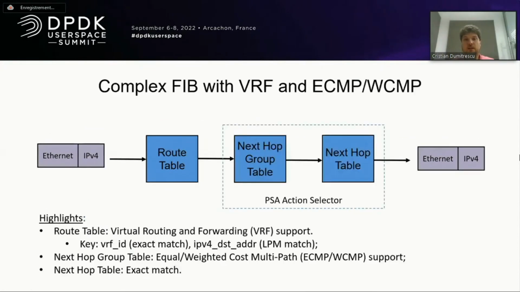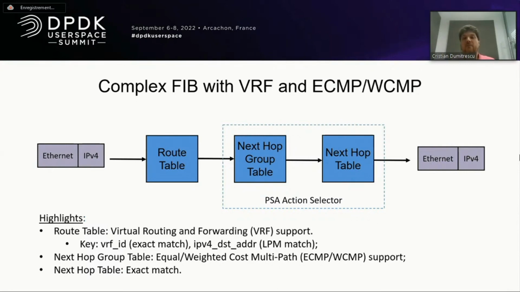DPDK tool. Another one is a complex FIB, or forwarding information base, routing table with virtual routing and forwarding (VRF) support, and ECMP, WCMP support. Essentially, a VRF means that you could have multiple logical routing tables or virtual routing tables, one per customer maybe, or per tunnel, or per application.